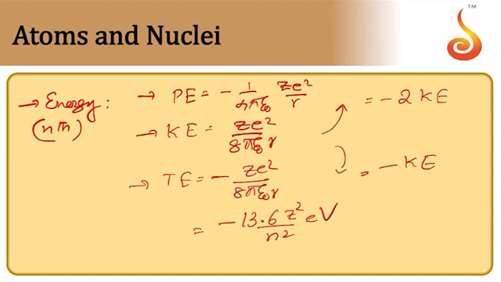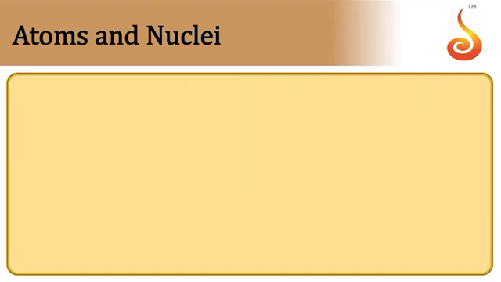Now, depending on the transition from one level to another level, energy is given out in the form of radiation. This is given by this equation.